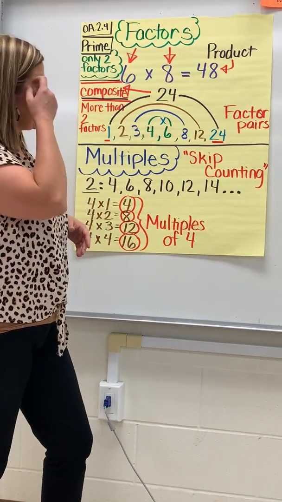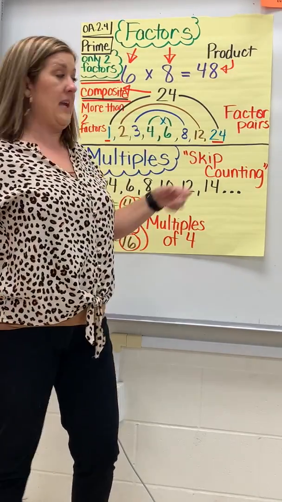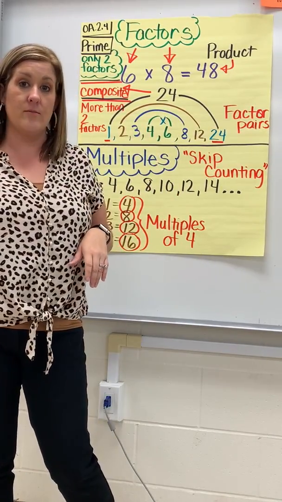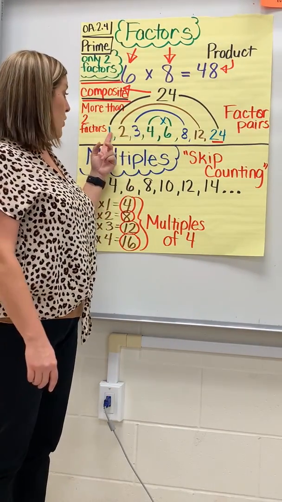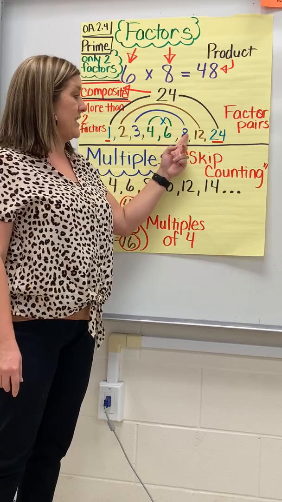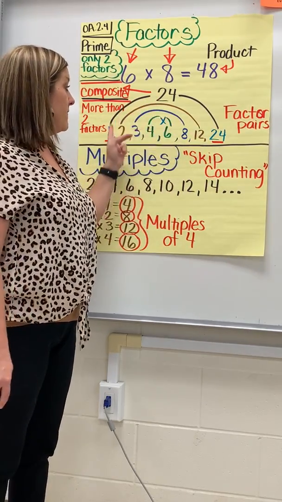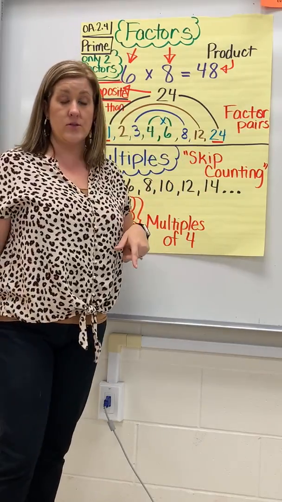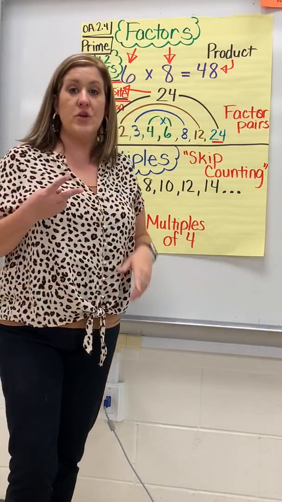Okay? That leads us into prime and composite. In this case, 24 is a composite number because it has more than 2 factors. It has 1, 2, 3, 4, 5, 6, 7, 8 factors, in fact. And it has 4 factor pairs, as we call them. Prime numbers are only going to have 2 factors.